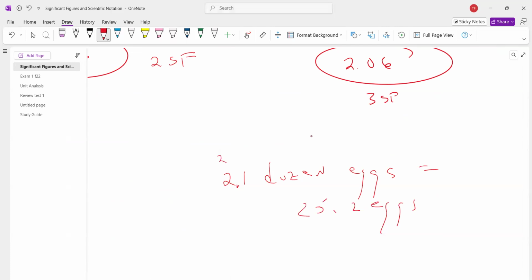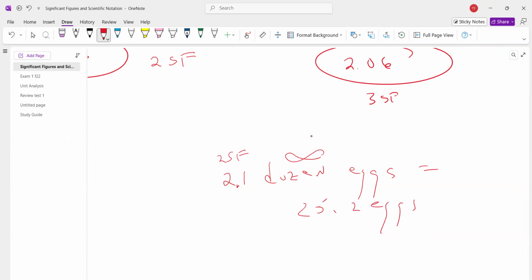That's 2 sig figs, and that's infinite because it's by definition. Infinite stuff we don't count because it's perfect. It's just by definition. The 2.1, someone counted it and there was part of an egg in there or whatever.